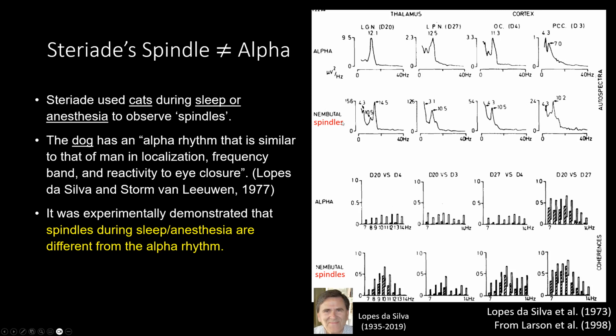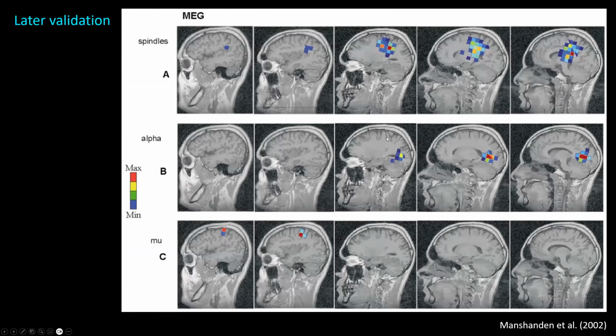So they are not the same. And later, using MEG, these authors showed that the sources of the spindles, alpha, and central mu are all different. So alpha and spindles are unfortunately two different things. We have to admit that.